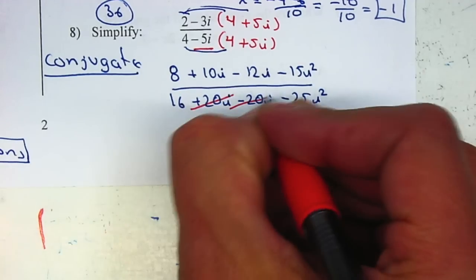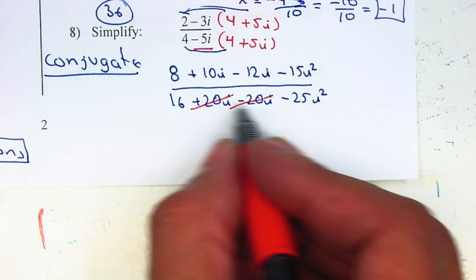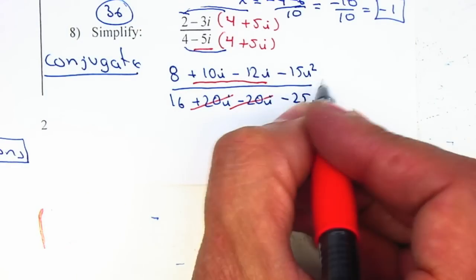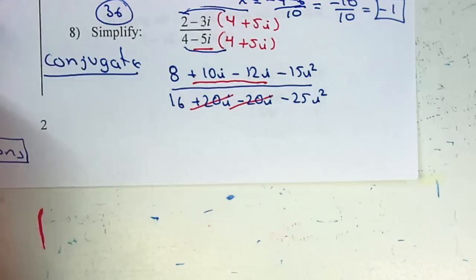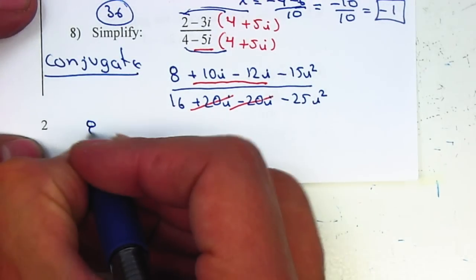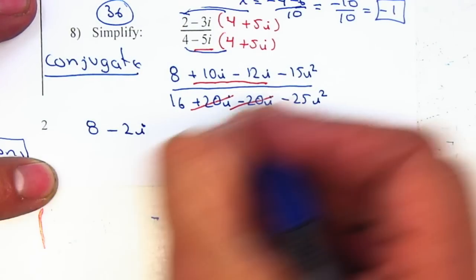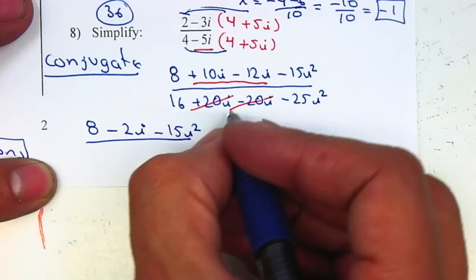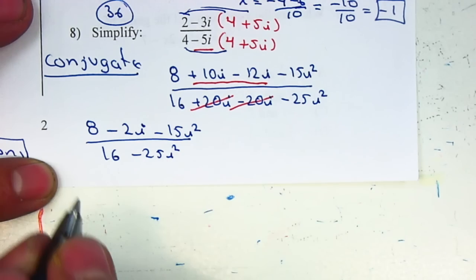This will cancel out. In the denominator, the middle term should cancel out. I'm going to take it in two different steps. I know we've done it in one step before, but let's do it in two different steps. I'm going to combine my like terms. I have 8, that gives me minus 2i, then minus 15i squared over 16 minus 25i squared.